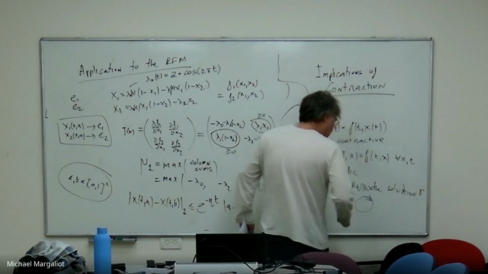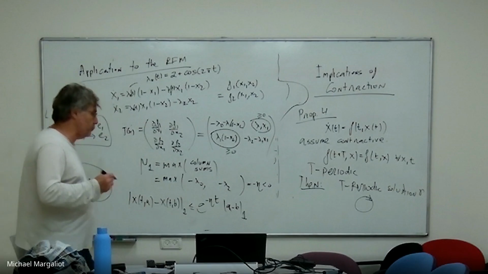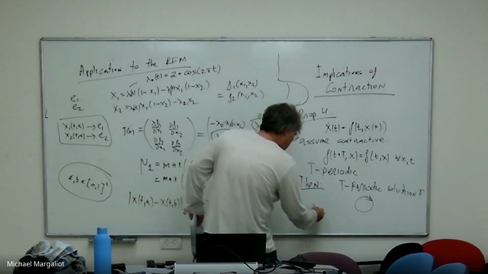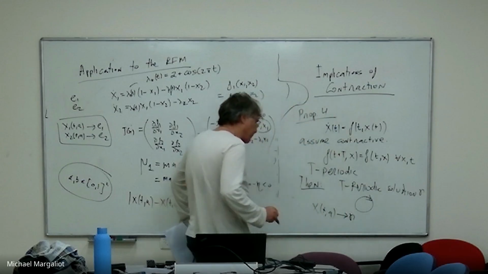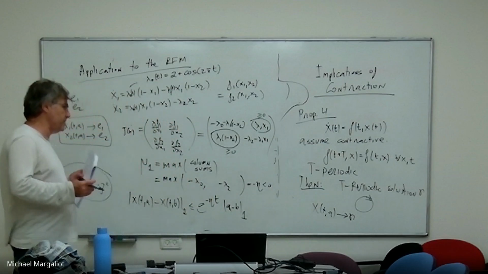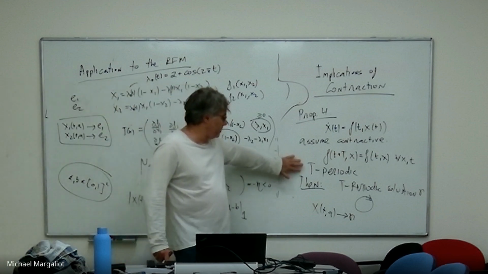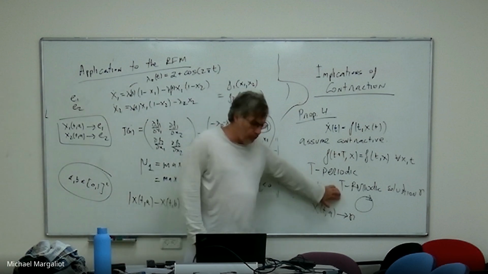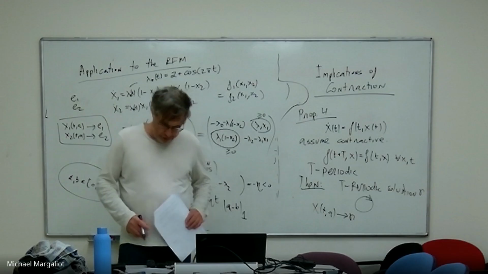So gamma is a limit cycle, a T-periodic limit cycle, but it is a solution of the system. And from any initial condition, you converge to gamma. So any solution of your system will converge to this unique T-periodic solution, and then you entrain, in the sense that the excitation was capital T-periodic, and you converge to a T-periodic solution.